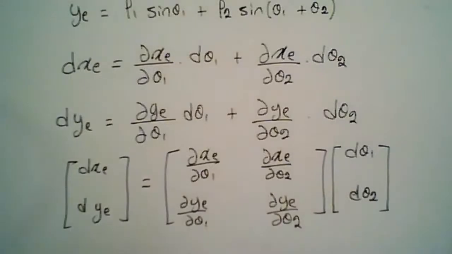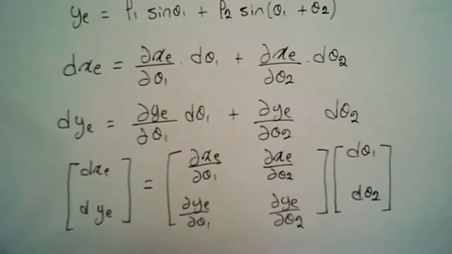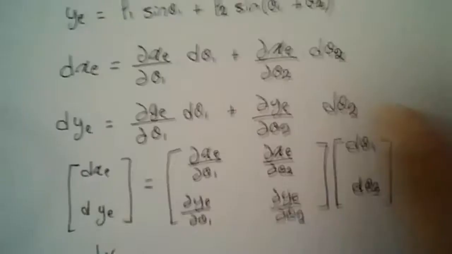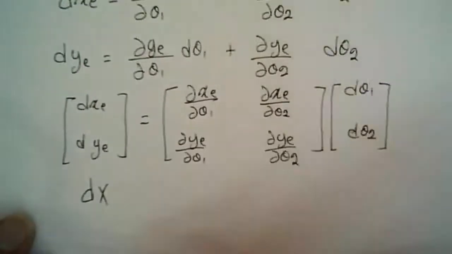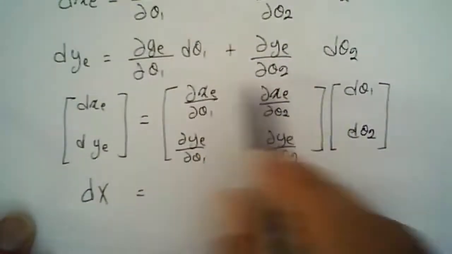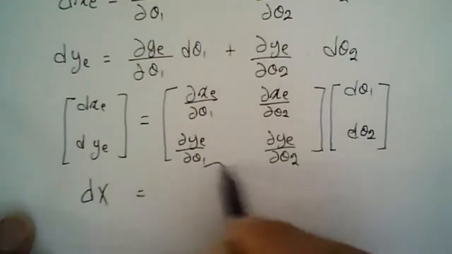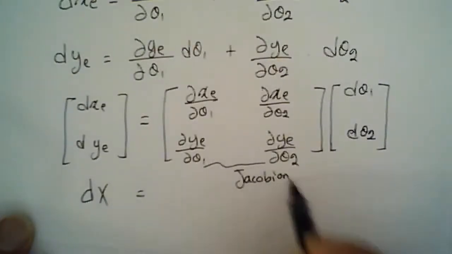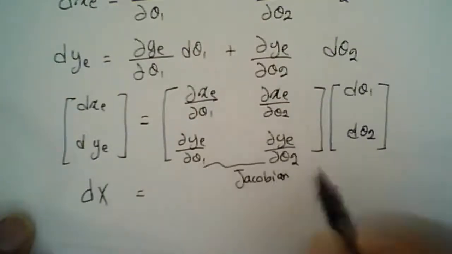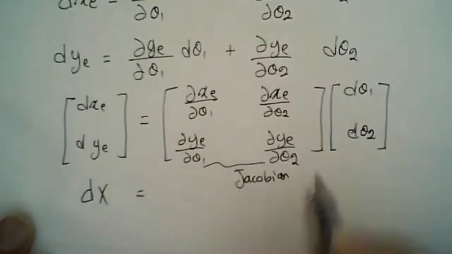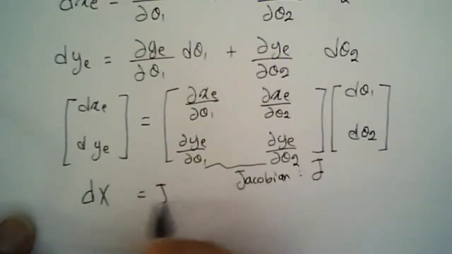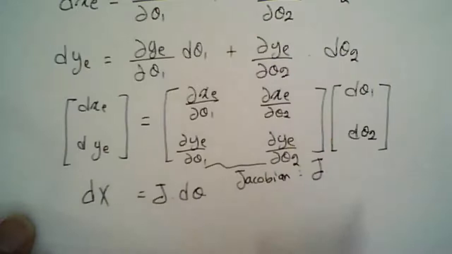So now, to summarize this, I can write this as dx is equal to, so this matrix is actually called the Jacobian. This is the Jacobian of the robot and it's referred to as J, all right? So dx is equal to J d theta.